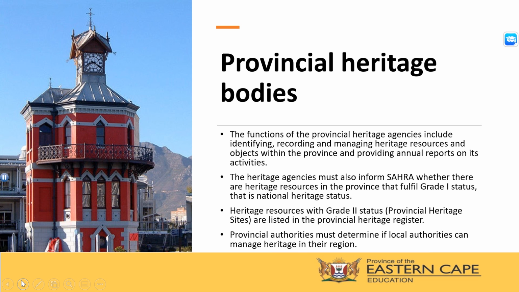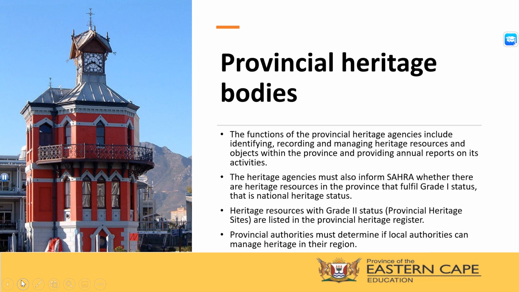If you then continue on that same slide, you will see that heritage resources with grade 2 status are now provincial heritage sites, the ones that are so important for the entire province that they should be listed as a heritage site. Those provincial heritage sites are then listed in the Provincial Heritage Register. And then provincial authorities must determine if local authorities can maintain heritage in their region.